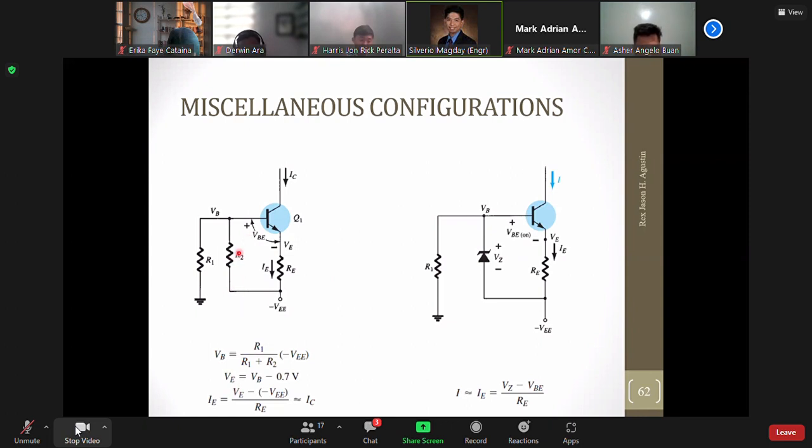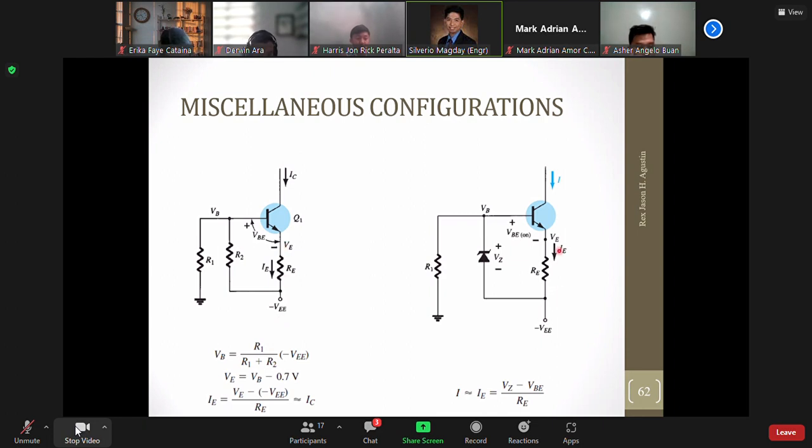Para pag ganito naman yung configuration na lumabas, ito sa calculation, your VB is actually now your R1 over your R1 plus R2. So, parang nagbo-voltage divider ka lang din. Multiply now your VEE negative. So, to solve now your VE is equal now to your VB minus your VBE, which is your 0.7. Plus IE, so your VE minus your VEE over your RE.